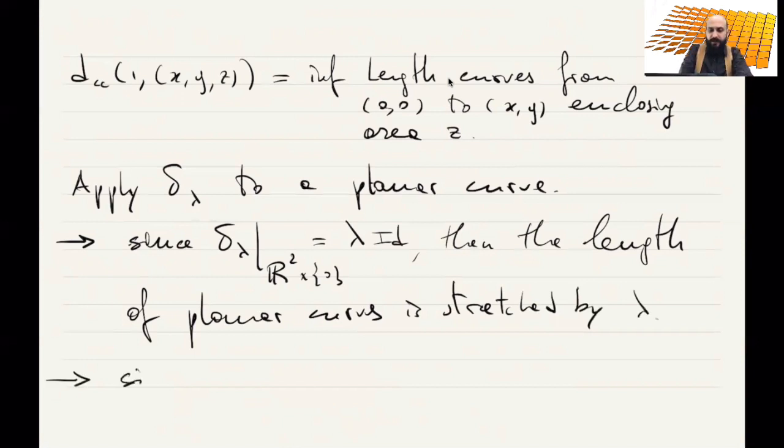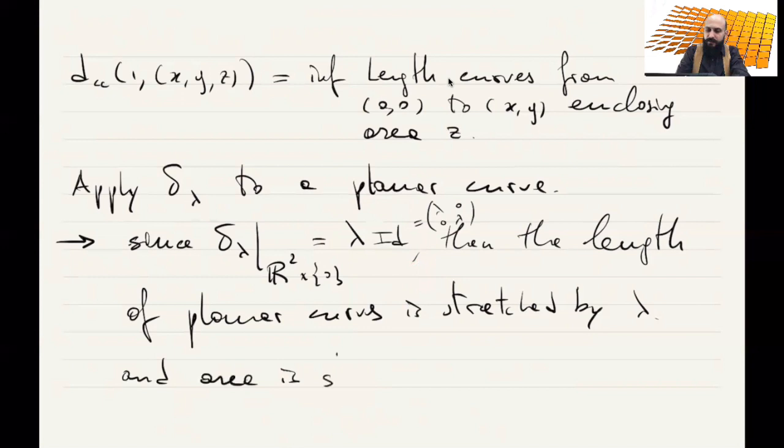However, when you consider the map lambda times the identity, the area of a planar curve is stretched by lambda squared, by the Jacobian determinant of this matrix, which is just lambda 0 0 lambda.